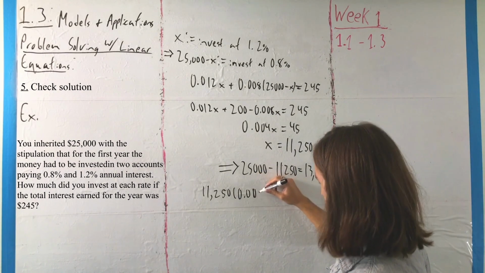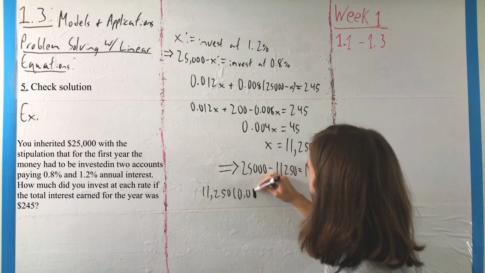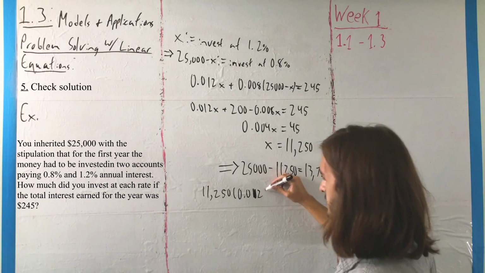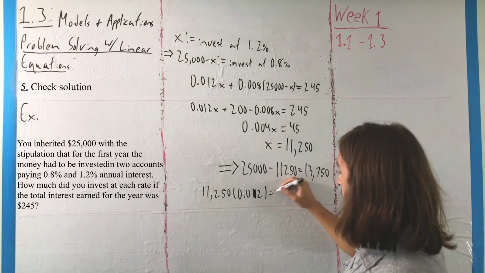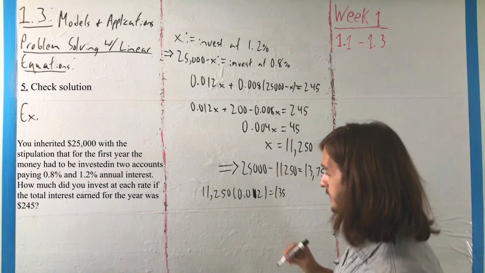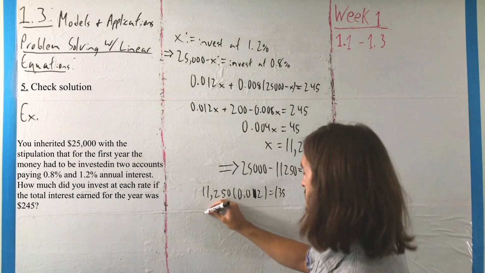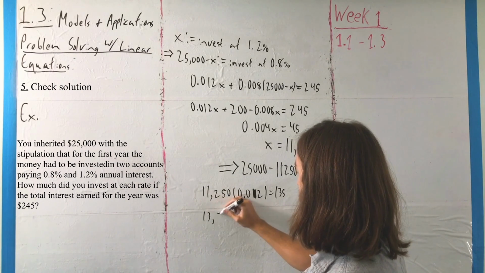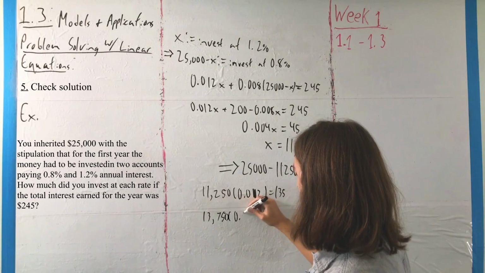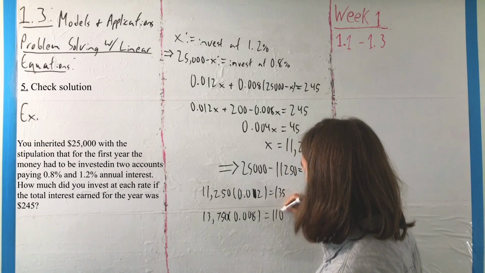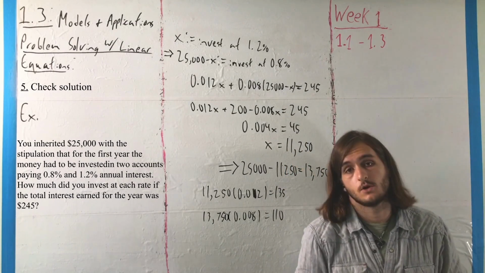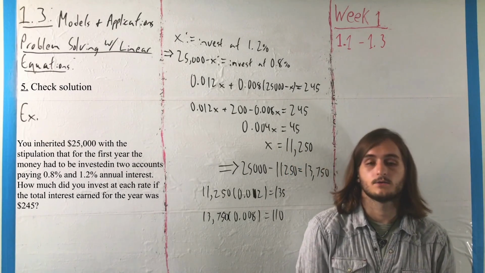So 0.012. Like I said, the hard part's the decimals. You multiply that and you will end up with 135. On the other hand, 13,750 multiplied by 0.008 will end up being 110 for the desired total of $245.